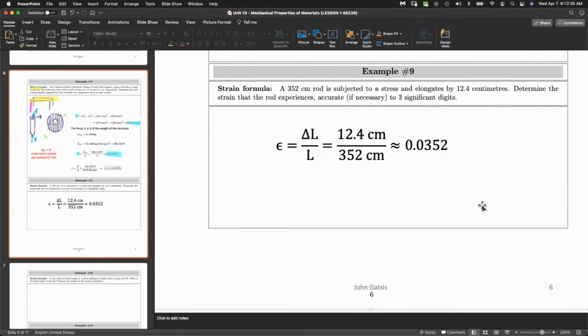Thank you. I mentioned at the beginning of class, there are really three formulas you need to know today. The first one was the stress formula, which was intense. I started you off with a nice intense formula. The second formula you need to know is this one, which is relatively easy. You're just dividing two lengths.